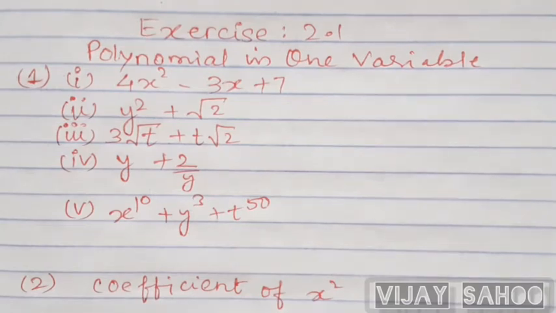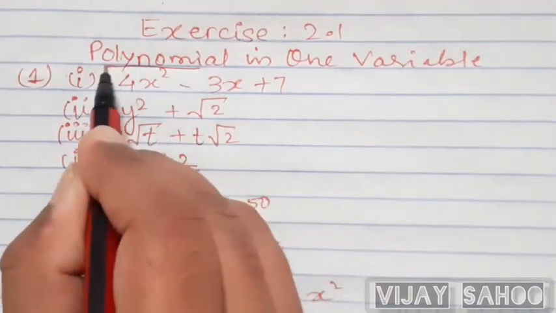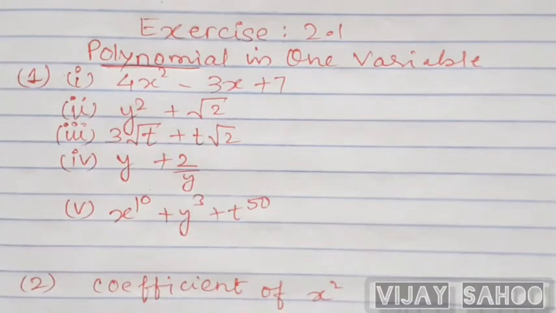Now your first question is based on the identification of polynomials in one variable, यानी कि हमें ये आइडेंटिफाई करना है कि जो पॉलिनोमियल है, पॉलिनोमियल किसे बोलते हैं, जिसमें दो से ज़्यादा टर्म्स हों, उसे हम पॉलिनोमियल कहेंगे.